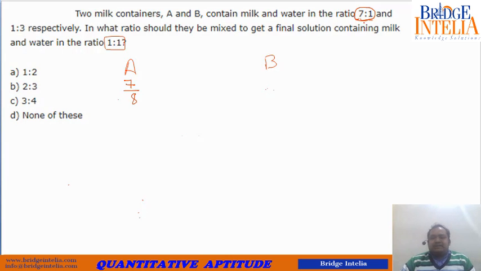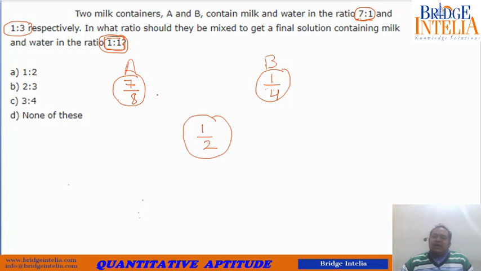That means out of 8 parts, 7 parts are of milk. Similarly, for container B, what is the proportion of milk? It is 1/4. What is the proportion of milk in the resultant? 1:1. That means out of 2 parts, 1 part has to be of milk. So you want to mix this with this to achieve this. So now you can apply alligation, butterfly alligation method on this.